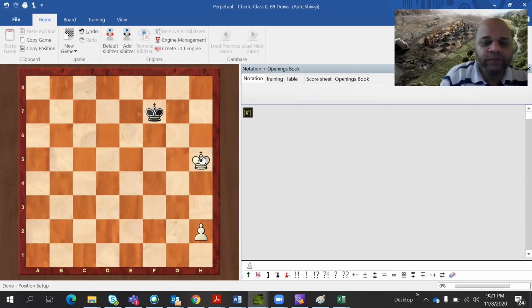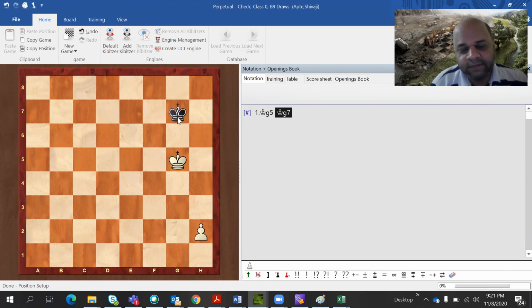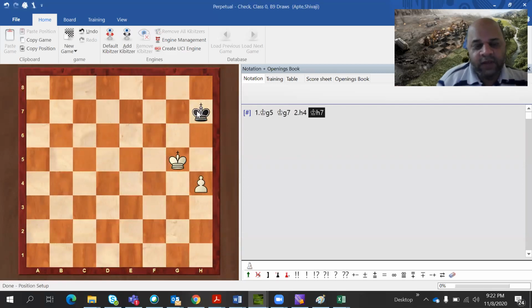So you can make a move for white. King G5. Okay, then black will simply take the opposition. H4. Excellent. Black king will go here. H5. Black king will come back again.